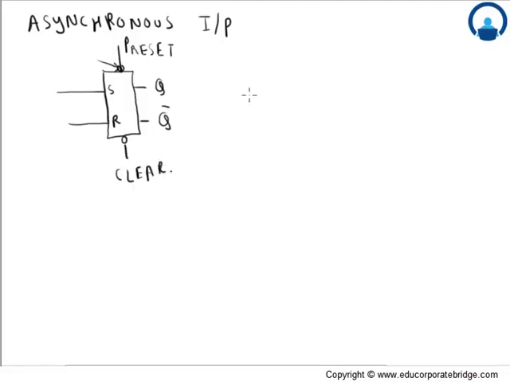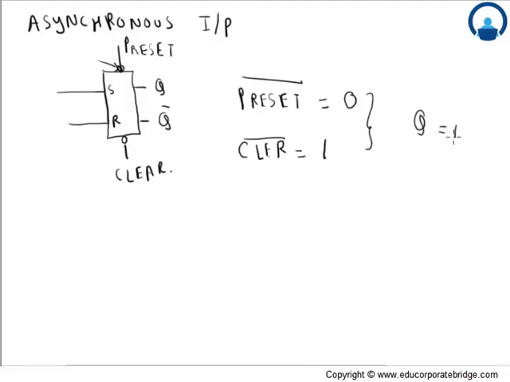If preset bar is selected, it will be giving the value 0, since it is a negative or active low input because of this bubble. If clear bar is not selected, it will give 1 as input. If this condition is selected, we get the output Q equal to 1.